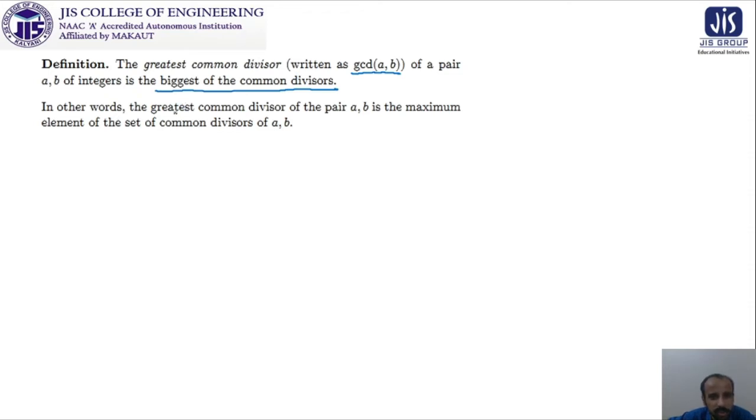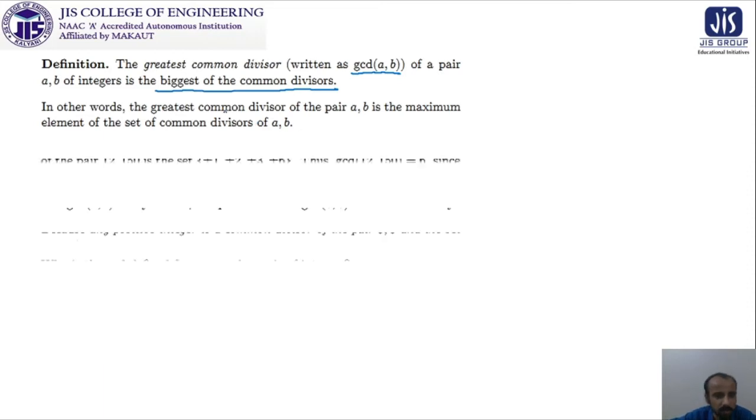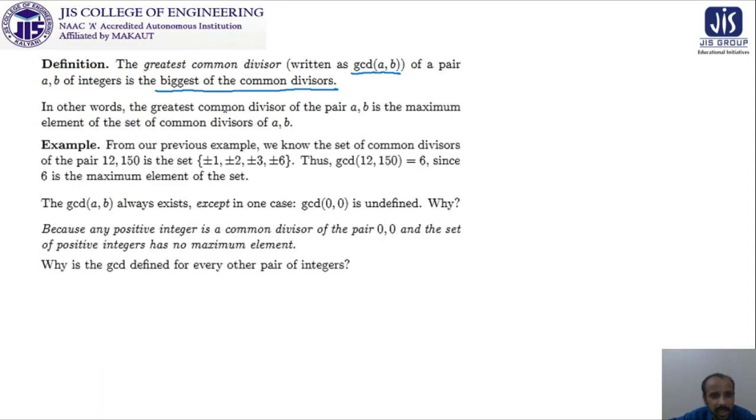In the previous example, 12 and 150 have the set plus minus 1, plus minus 2, plus minus 3, plus minus 6, and so on. So we see that 6 is the maximum element of the set.